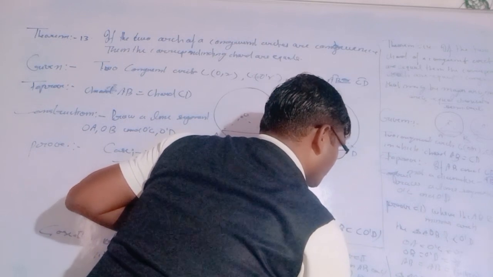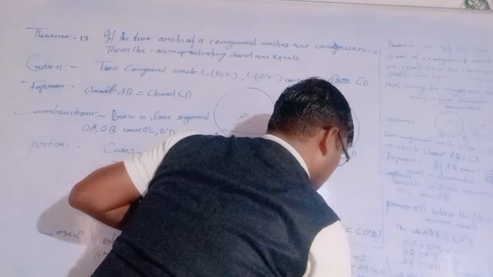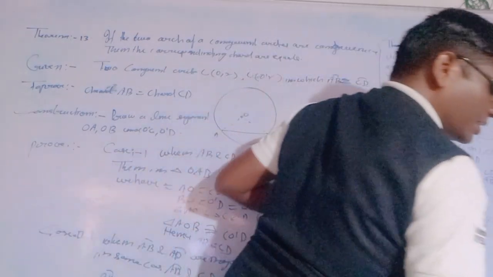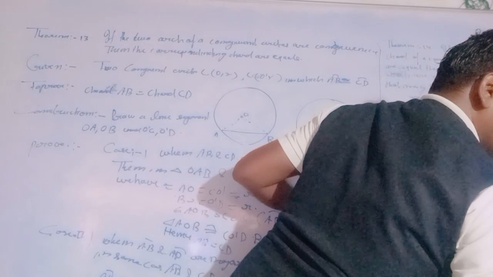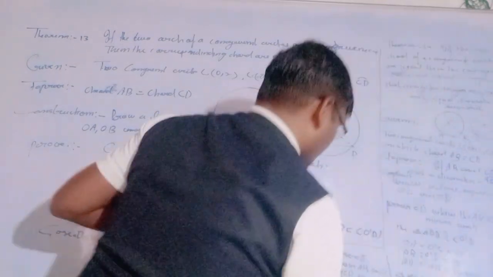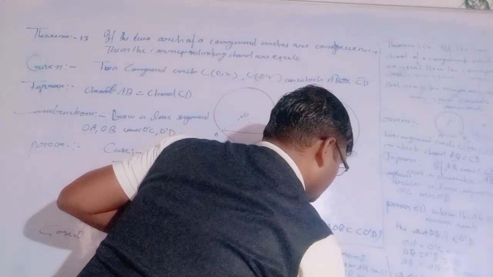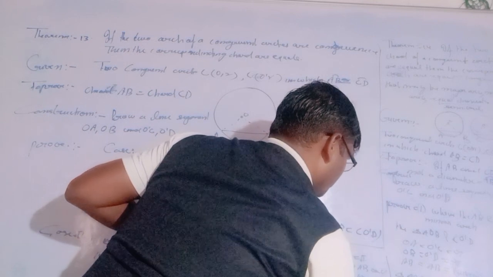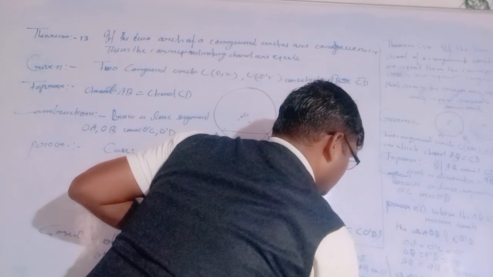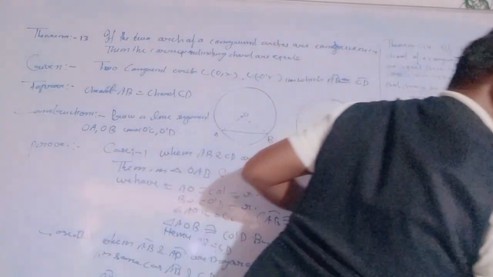Both are major, then the other will be minor arcs, and if minor arc AB is equal to CD, then BA is equal to DC. Got it?